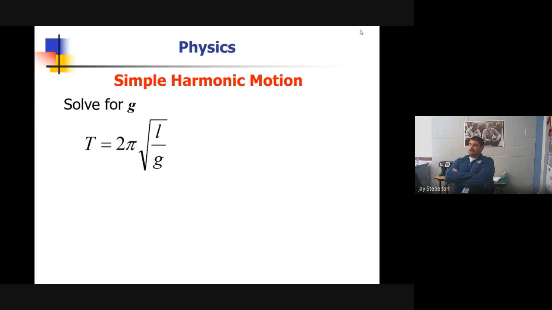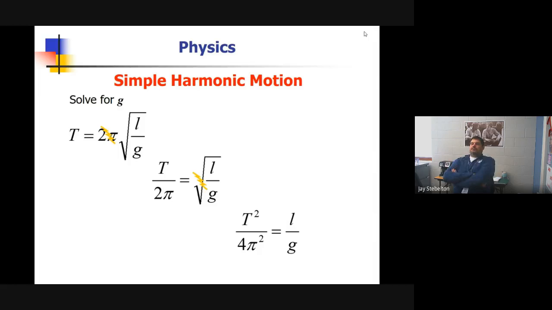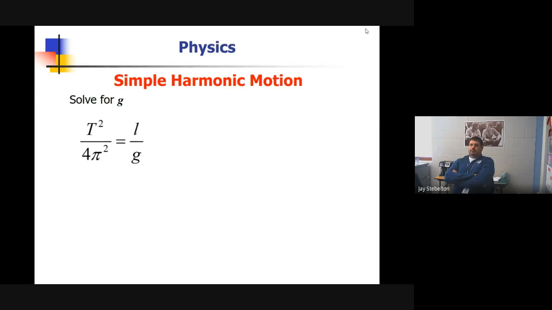I want to get 2 pi to the other side. Divide again. I have T over 2 pi is equal to the square root of L over g. Get rid of the square root again. That gives me T squared over 4 pi squared is equal to L over g. Well, I want to solve that for g. So I just divide each side by L.